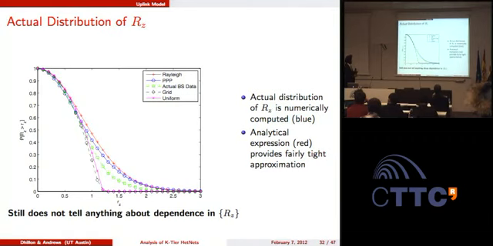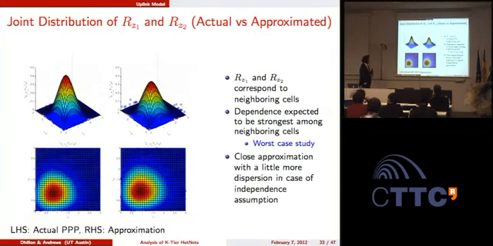I wanted to explain the other plots as well, but I think I would be short of time. So it's just these two plots, and we see that at least the marginal distributions of RZ are quite close and not really affected by the independence assumption.